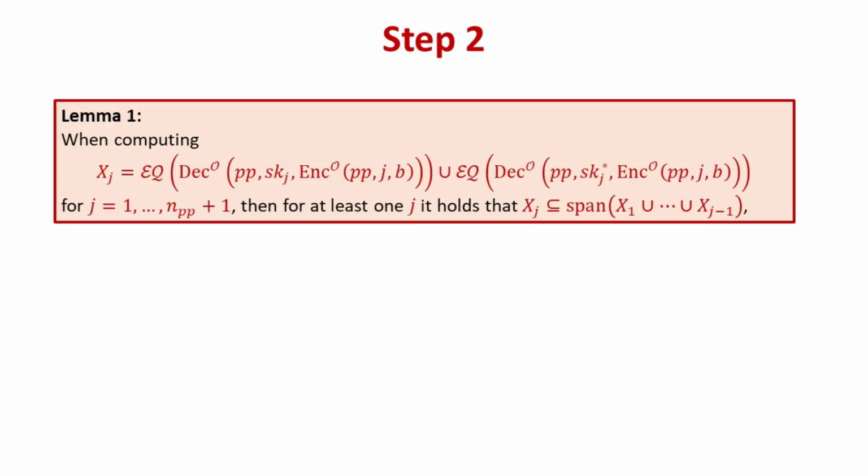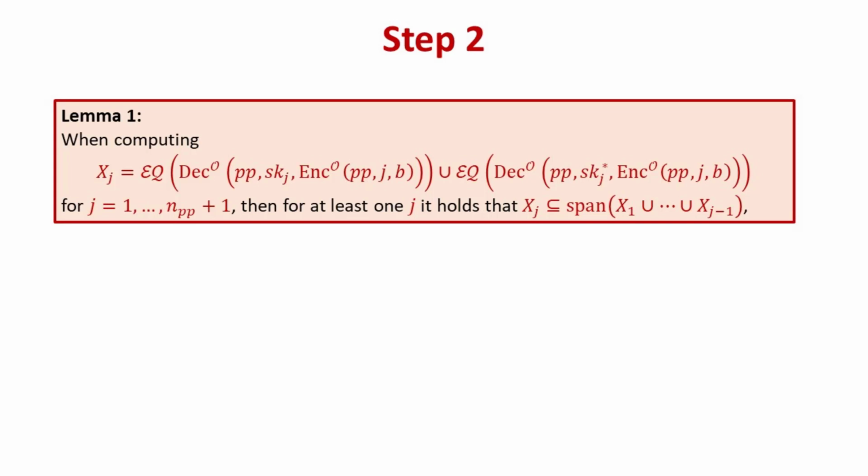Our analysis shows that with high probability, after using SK1 to SK(I-1) for learning information, all equations that result from positively answered queries should be known. This comes from a lemma we prove that is somewhat similar to the lemma that we used for step 1.